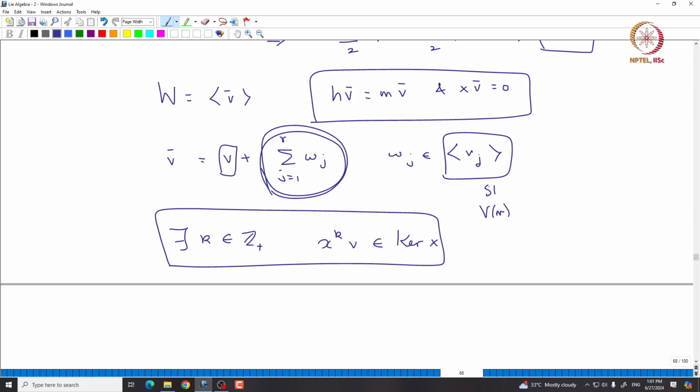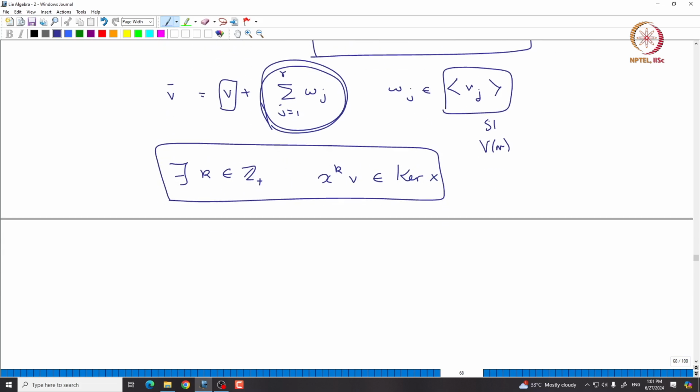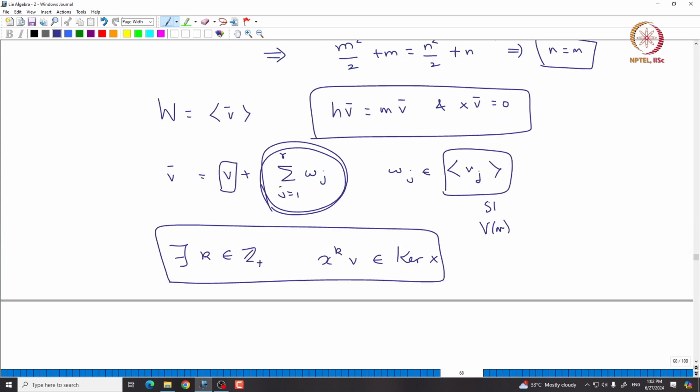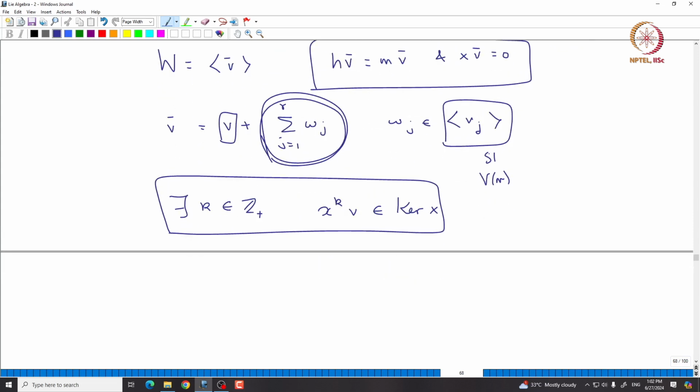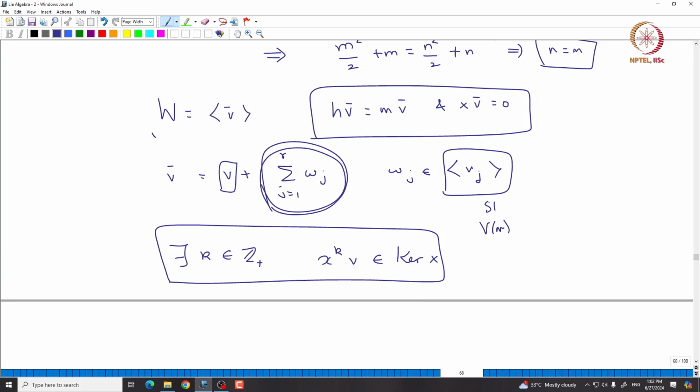That just comes from the fact that capital V is finite dimensional, and x^k v is going to increase the eigenvalue. We can choose v such that, because this W is generated by v bar, we want to write v bar as v plus something.